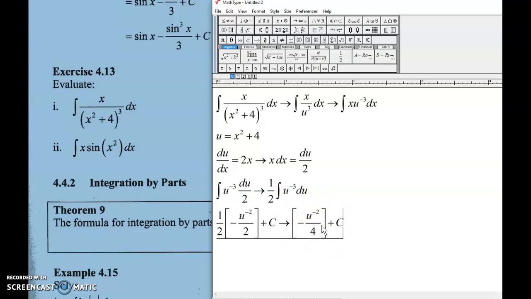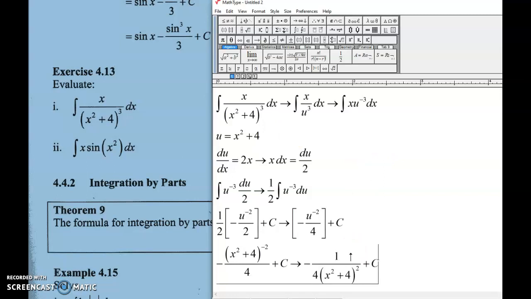And after we have successfully integrated the function, the last thing to do is to substitute back u. Our u from before is u equal to x squared plus 4, which is also equal to this function. So this is the answer for this question.